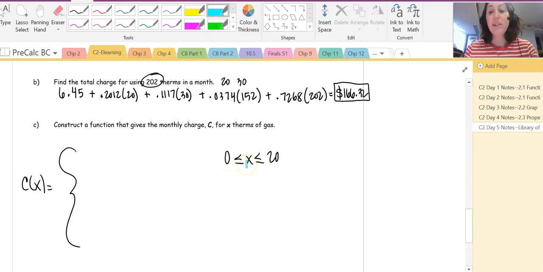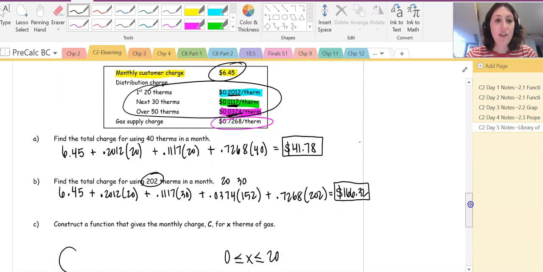I also think you should have the less than or equal to instead of the less than, because maybe you aren't actually using gas, but you're still paying that customer service charge. So you're going to be paying for something. It's not like you just don't pay anything for the month. Okay. All right, so that's the first branch.